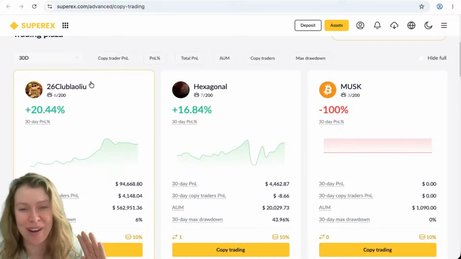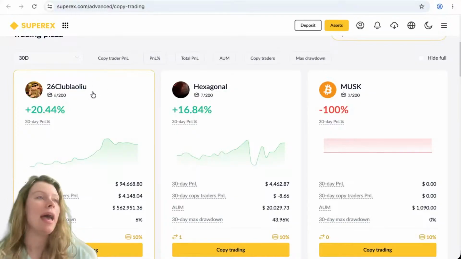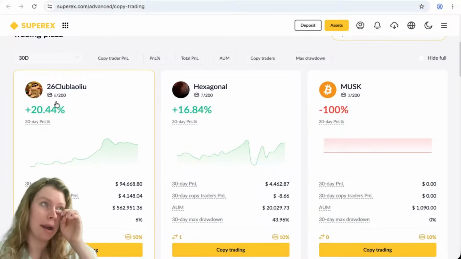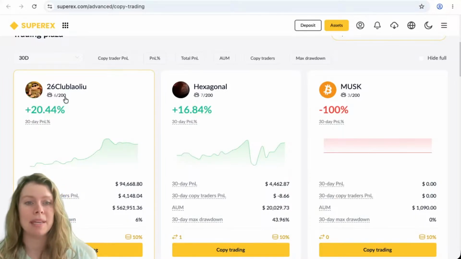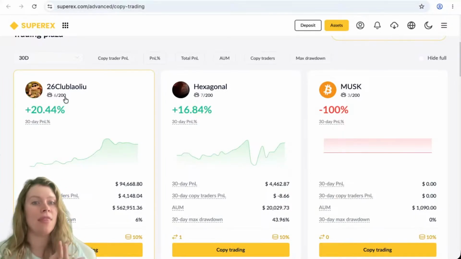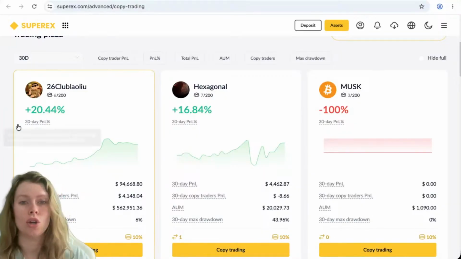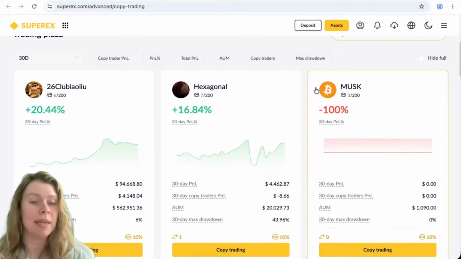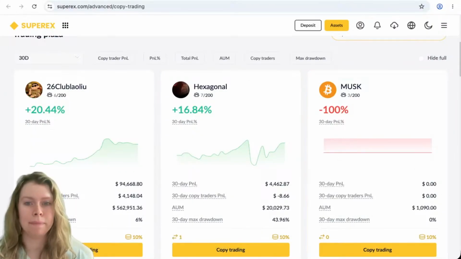It can be whatever you want it to be. Then the nickname and how many copy slots they have free. So 1 out of 200 means it's nearly empty and they do have room for you. Their headline P&L percentage is in green or red, and a mini P&L chart, okay?